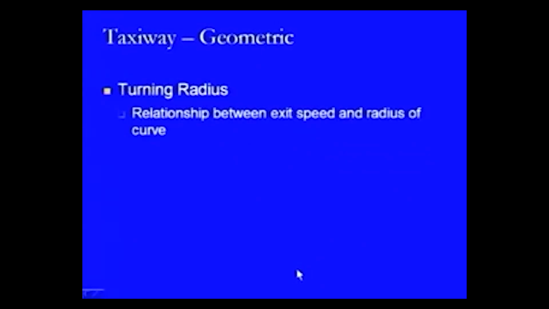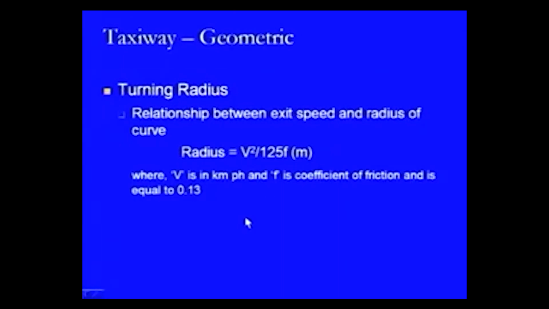The relationship between the exit speed and the radius of the curve is ascertained, and this value can be computed by this formula. The radius is V square divided by 125 F, and this value will come out in meters. Here V is in kilometers per hour and F is the coefficient of friction, equal to 0.13, which is fixed.